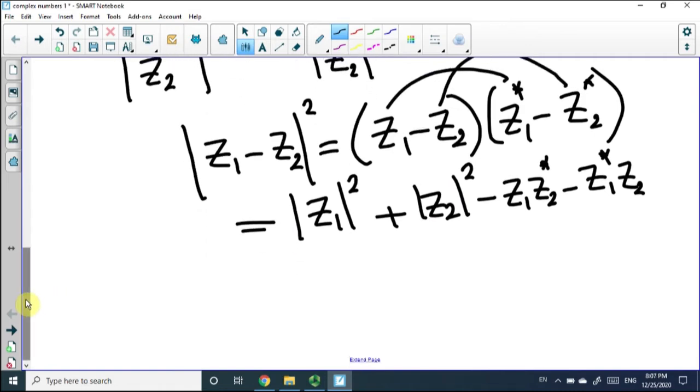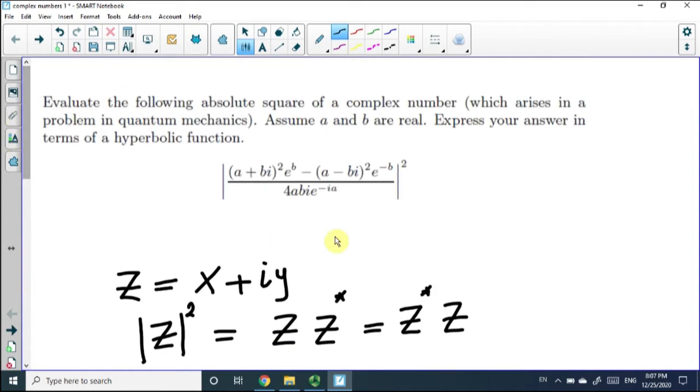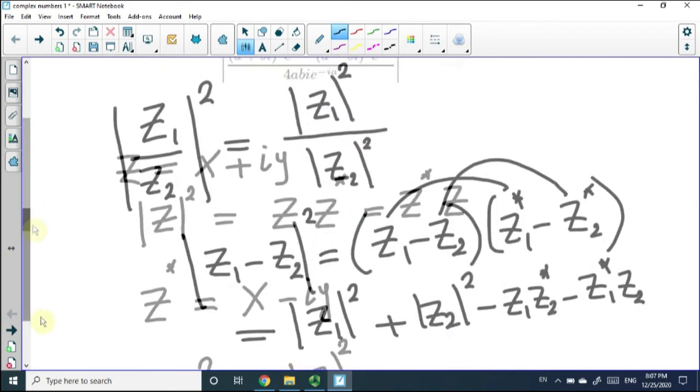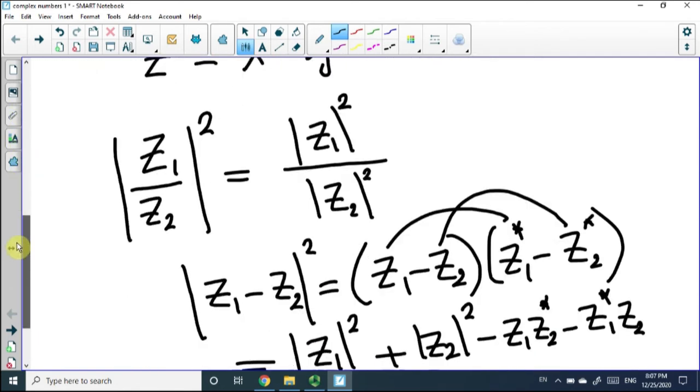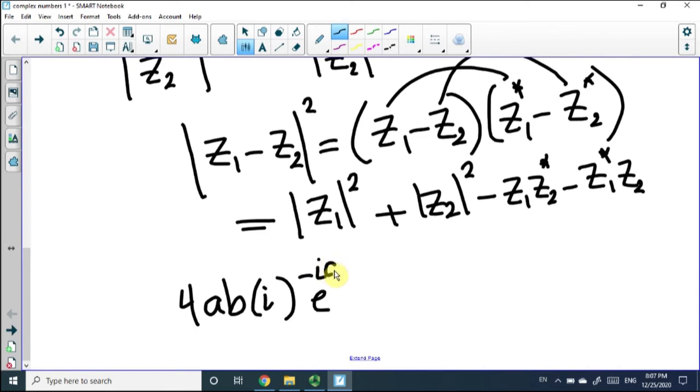Now we can find the absolute square of the expression. It's equal to the absolute square of the numerator divided by the absolute value square of the denominator. The denominator is very easy. We have 4ab i e to the minus ia, that's the complex number.